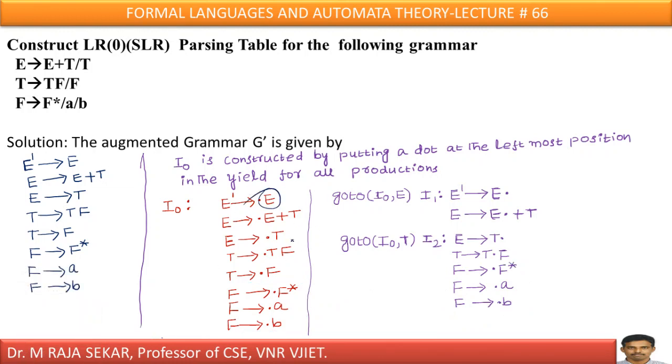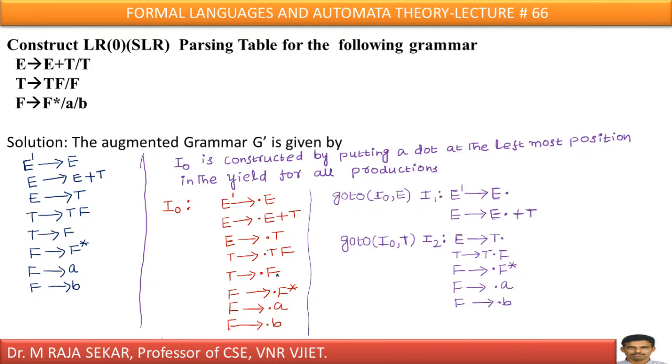We completed letter T. Now which letter is there? E is completed, T is completed. Now I have F. Therefore, what should I write? I must write go to I naught comma E, which is completed, I naught comma T, which is completed. Now I must consider I naught comma F. If I write go to I naught comma F, this dot will move to the right side.